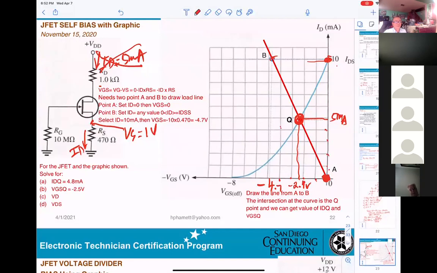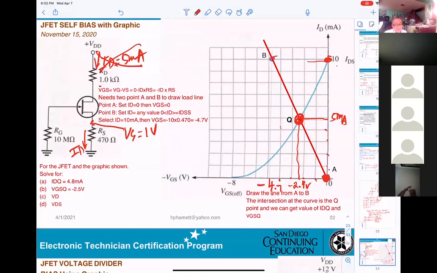Pham, I have another basic question. Go ahead. The name of the green or blue curve is still the transconductance curve? That's the equation for the ID. So here, what is the name of the blue curve? That's what they call a transfer function.